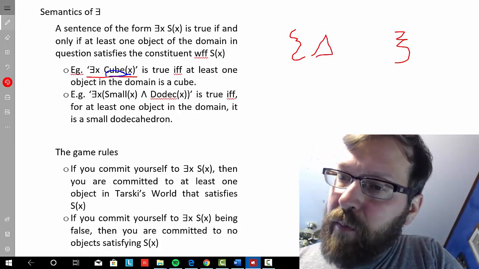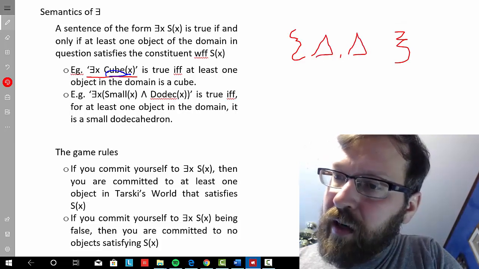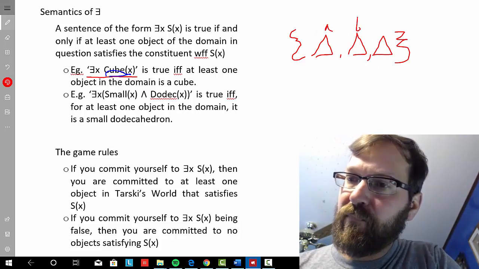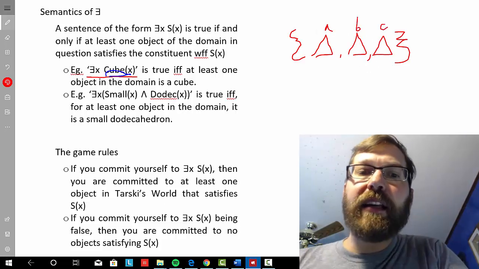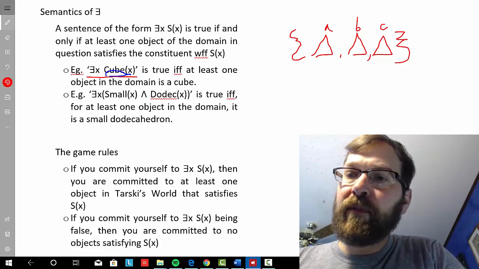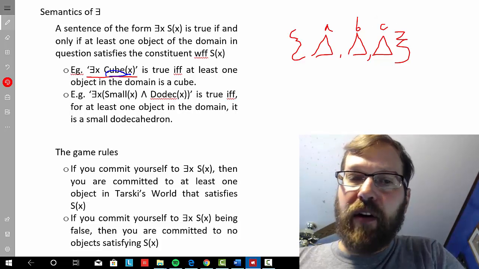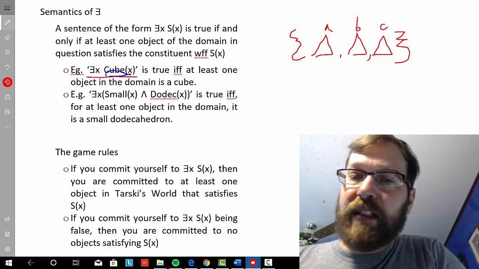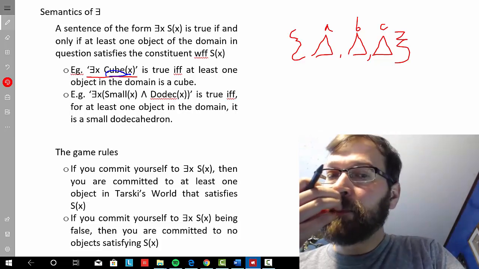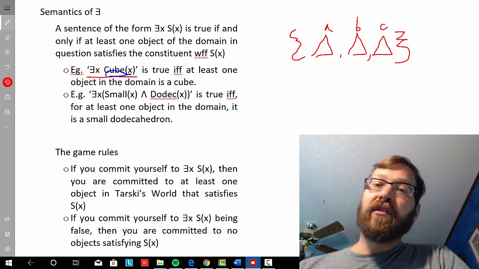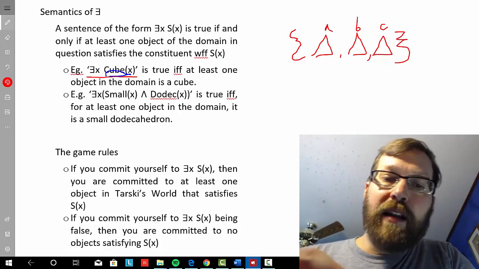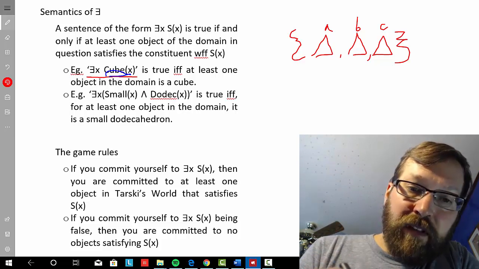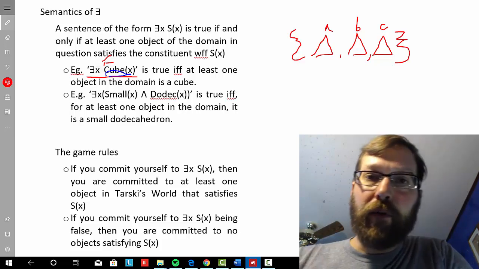So if we have a domain that we're talking about where we only have tetrahedra, when I plug in A into "x is a cube," it's false, so it's not satisfied. When I plug in B, it's not satisfied. When I plug C in, it's not satisfied. And since there's not any one object in the domain that satisfies that well-formed formula, this sentence is false.